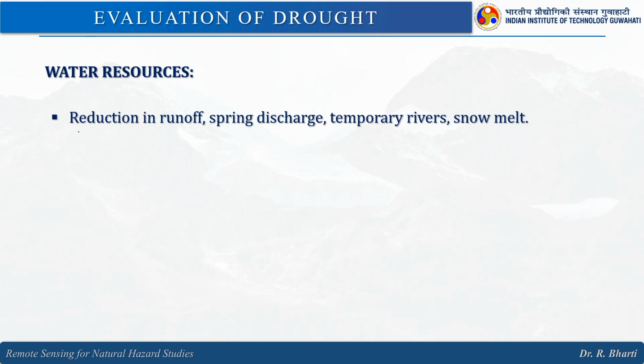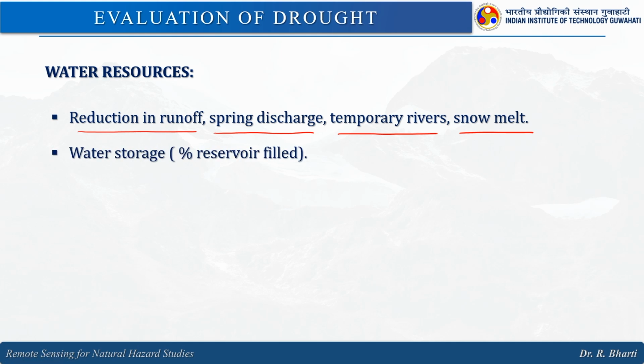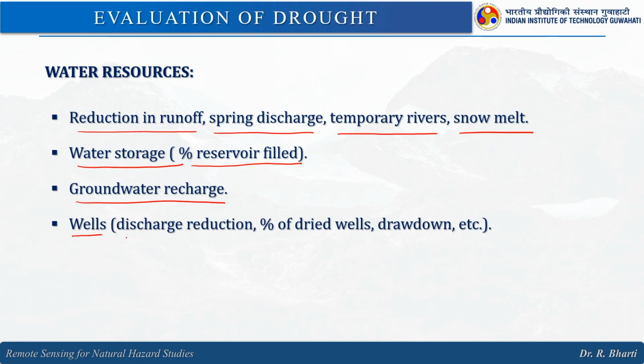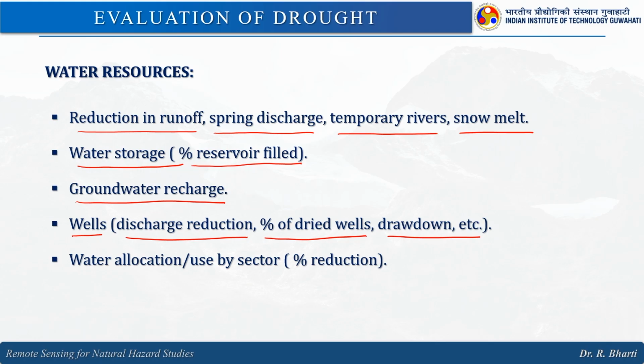In water resources, reduction in runoff, spring discharge, temporary rivers, snow melt, these are the different sources. Water storage, the percent of the reservoir filled, groundwater recharge, well discharge reduction, percent of dried wells, drawdown etc., helps you to assess the condition.